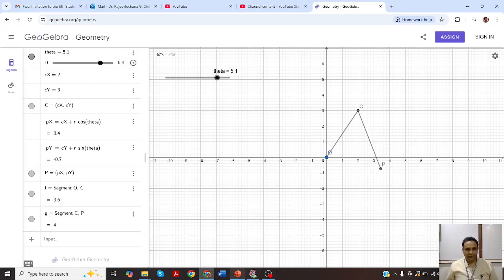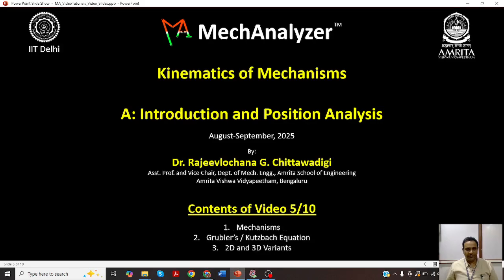So in the next video, we'll also be looking at different mechanisms, and there is something known as degree of freedom using the Grubler-Kutzbach equation. Similar to the earlier degrees of freedom we have already done: degree of freedom of a point, of a rigid body, of kinematic pairs. Now we'll be looking at a mechanism and how you find its degree of freedom. Later we'll also look at a few sample problems on planar and spatial mechanisms.